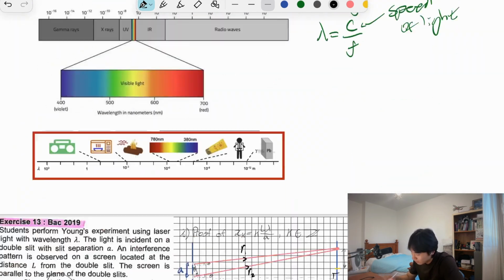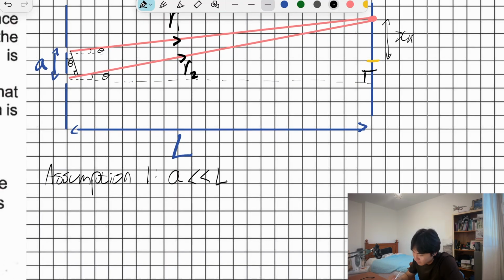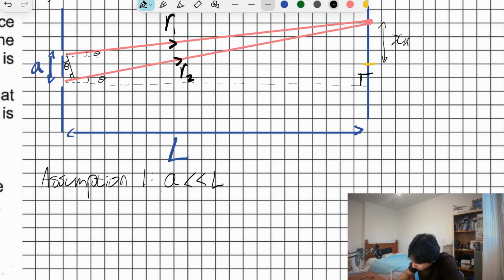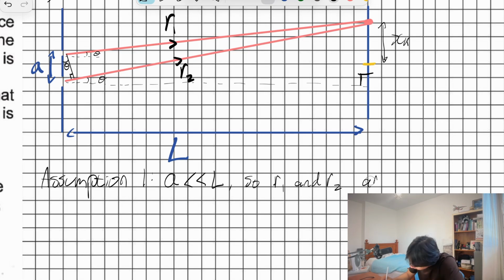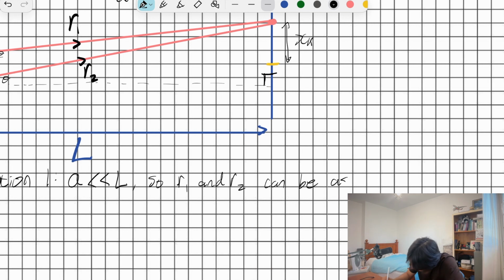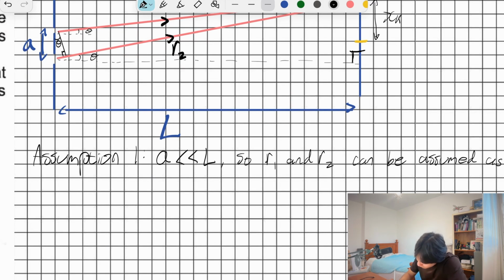And since A and L have a very big difference, we can say that ray 1 and ray 2 can be assumed as being parallel to each other.